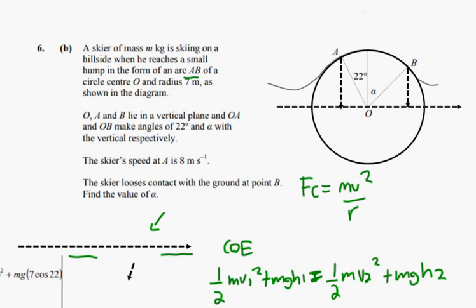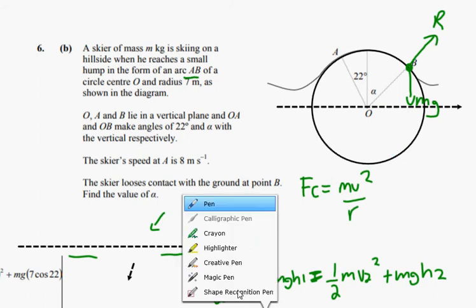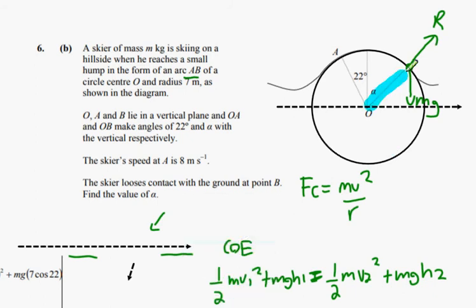Now you're looking at the centripetal one. So mg once again works directly down. What way does R work? Directly up. We want it along the line of action. This is our target line. We want it to fit that line perfectly. So what do we need to do with mg then?